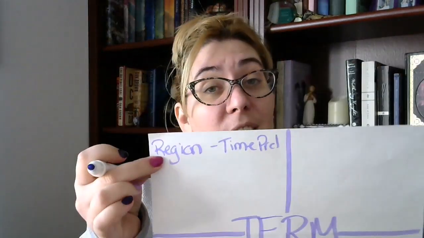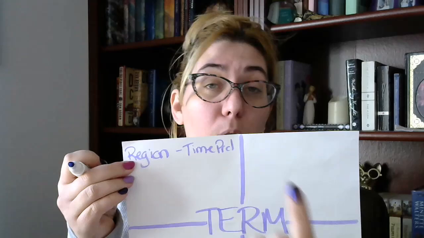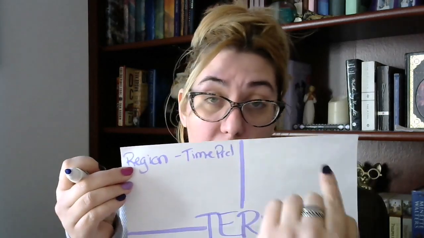For AP World, that's the Americas, Southwest Asia, South Asia, East Asia, Africa, whatever. And then I'll put the time period, and I'm going to actually do the time period that the CED says. So for right now, that would be the Americas and time period number 3. And I would put that range there.